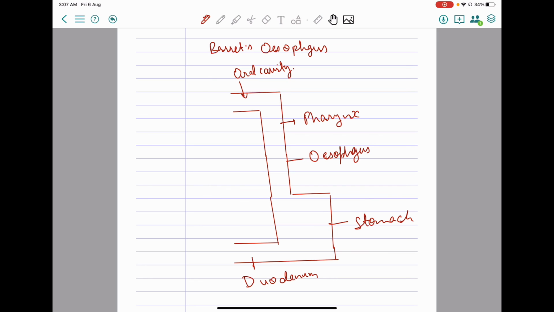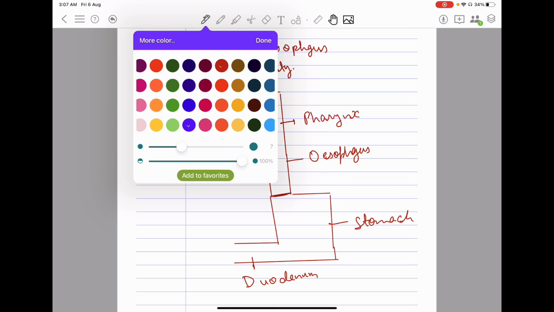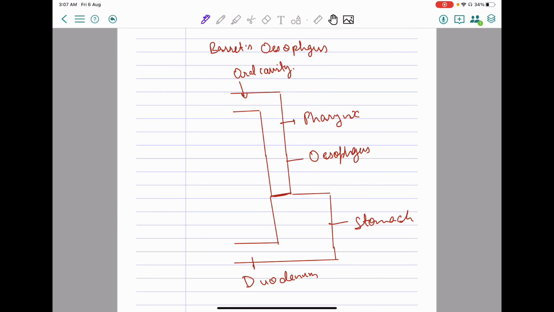So here's the thing, at this point, let me show you with another color, what is this point? This point is the GEJ.